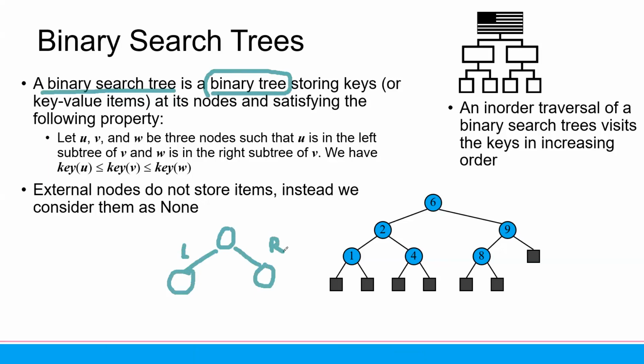And I hope you still remember we have the proper binary tree. In the proper binary tree, we have exactly 2, left and right.